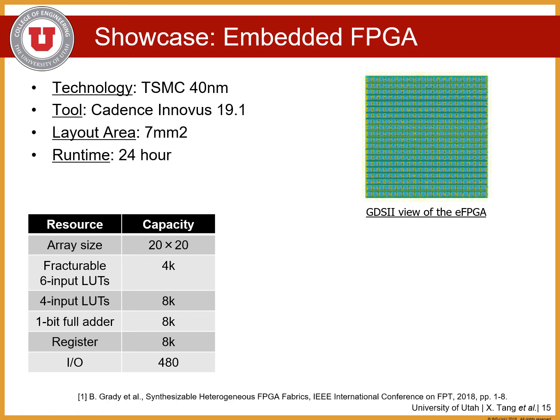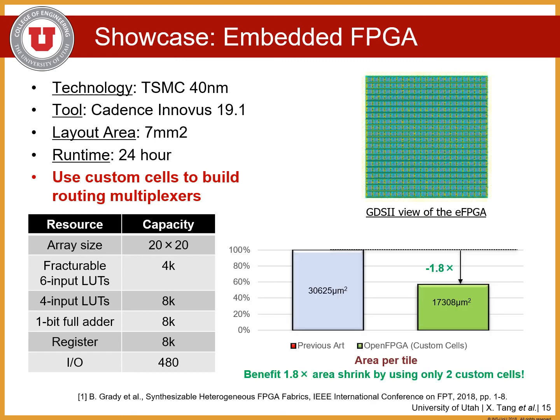The whole runtime of layout generation is 24 hours. In particular, I would like to emphasize we use custom cells to build high-performance routing multiplexers. When compared to previous work, we can see that by only using 2 custom cells, the FPGA-Verilog generated is 1.8 times smaller in area than the previous art.